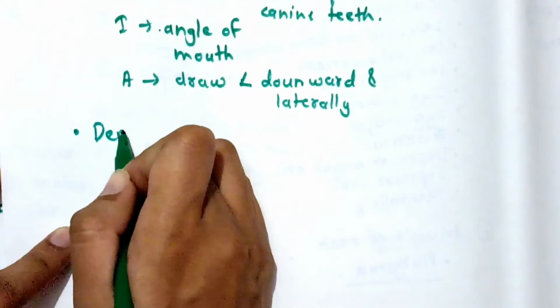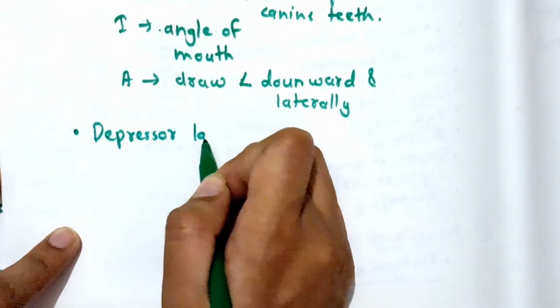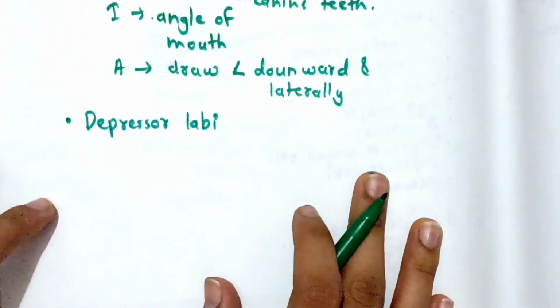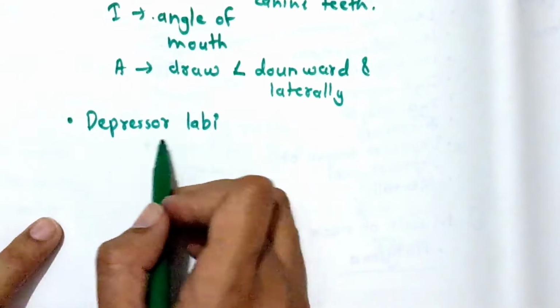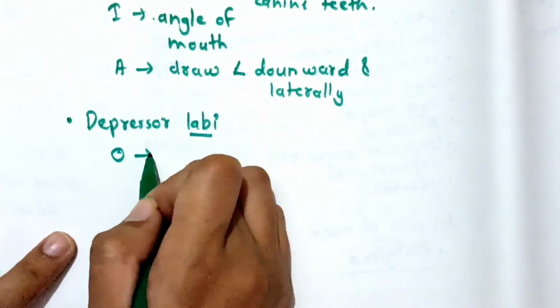Then we have depressor labii muscle. Now again the name suggests the action, it will pull the lower lip downward. What is the origin?